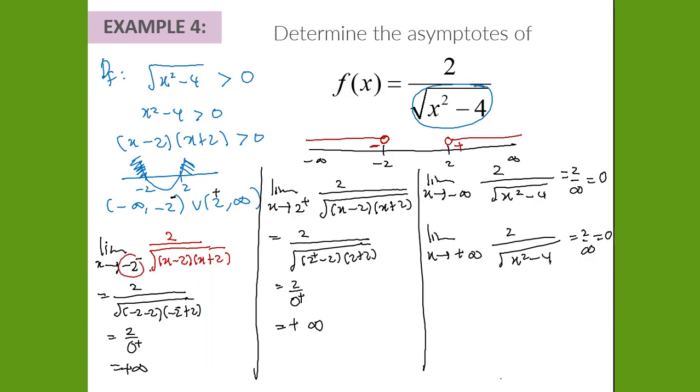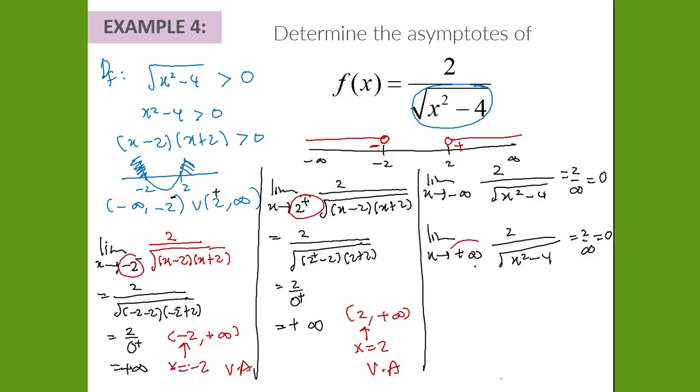So here, negative 2 gives infinity, so x is equal to negative 2 is a vertical asymptote. When it is positive infinity, the value is x equal to 2. So x equals 2 is also a vertical asymptote.